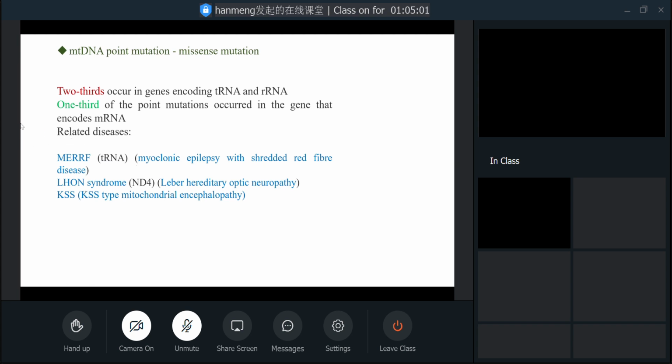It affects the messenger RNA for the ND4 complex. It is Leber hereditary optic neuropathy. And also another is the KSS type mitochondrial encephalopathy.